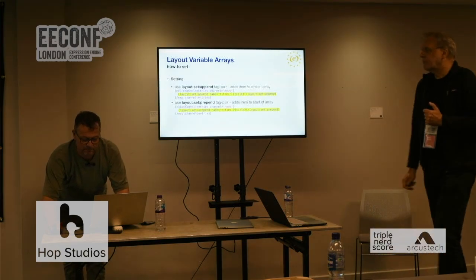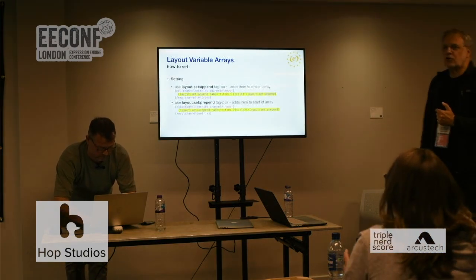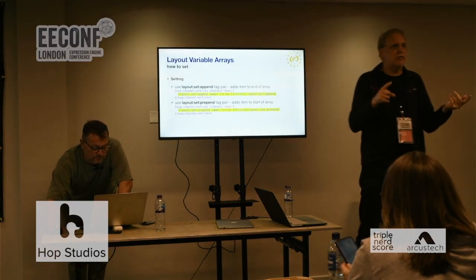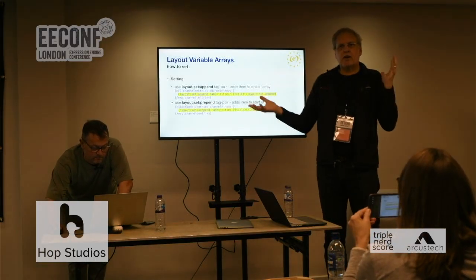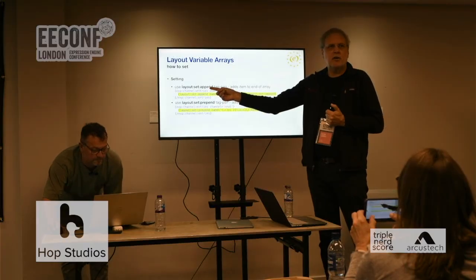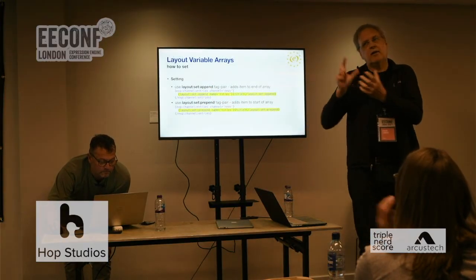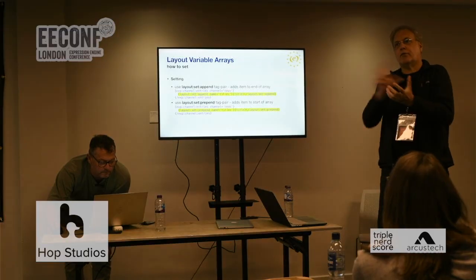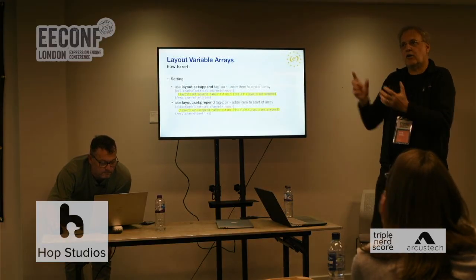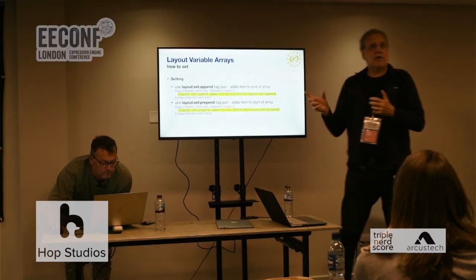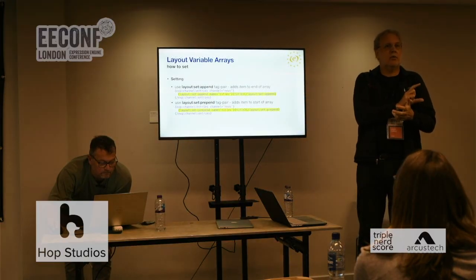So how do you set them? You have two new tags. We had layout set previously for just setting a single variable. If you want to do one of these arrays, you use either append or prepend. As the name suggests, append sticks the next value after the first value, and you can build a list that way, or an array that way. And prepend puts the new value before the one you've done.